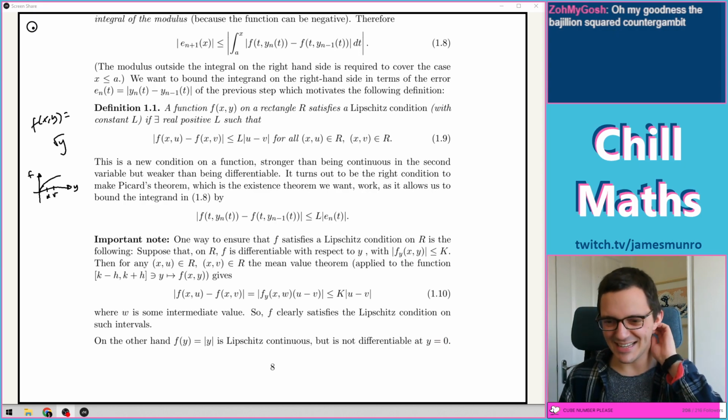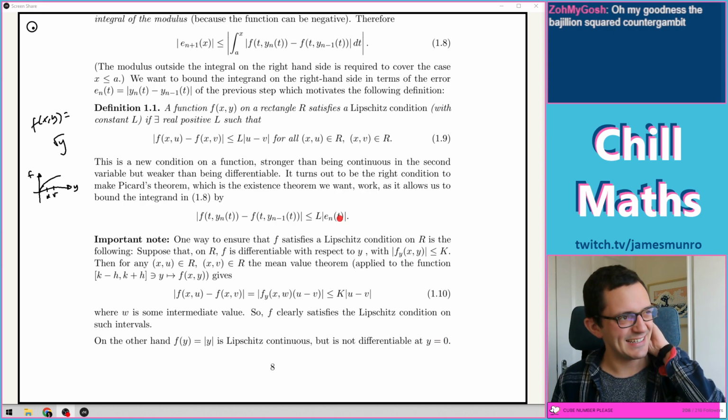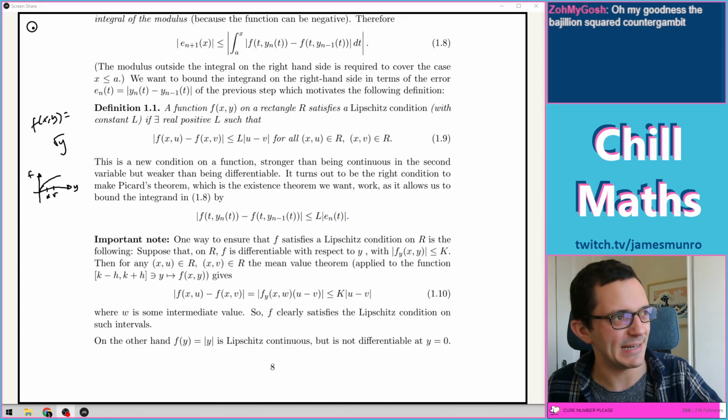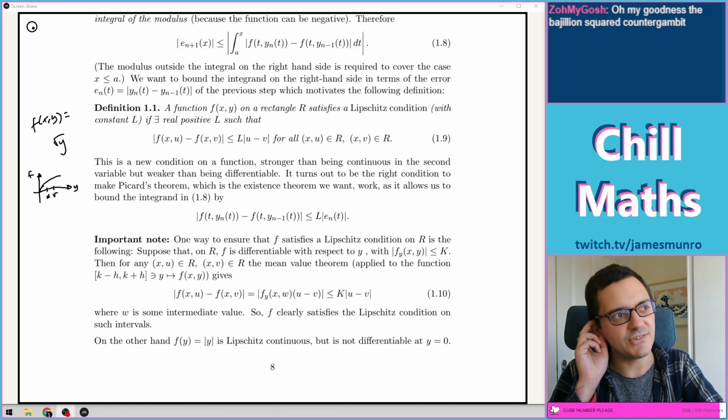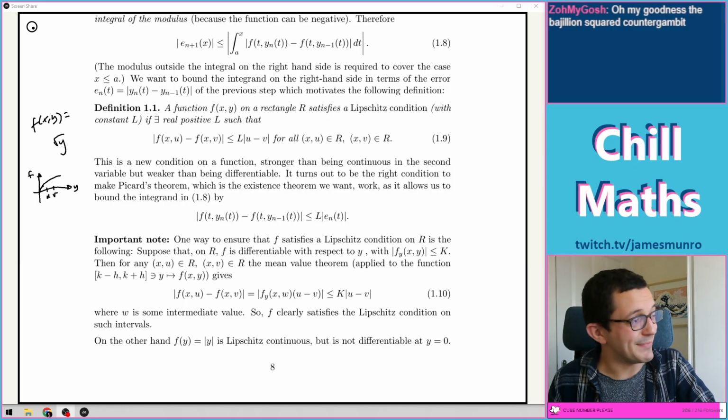Right. I feel like I've seen this in... Where have I seen this? There's another course where this has been a kind of key idea that I've not really explored, because I don't really get it. I should probably have an example of a function that's not differentiable, but still doesn't do... Oh gosh. It's weaker than being differentiable.